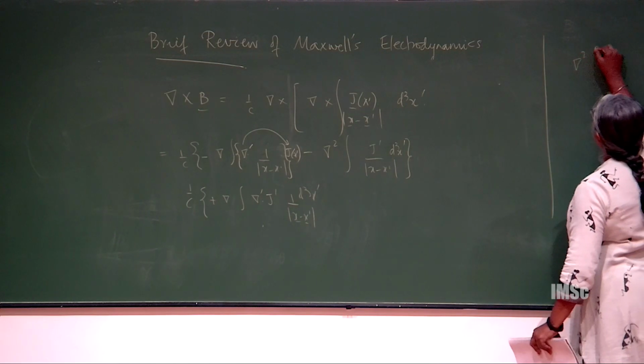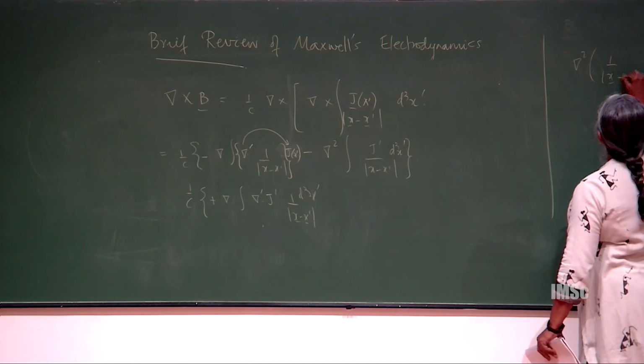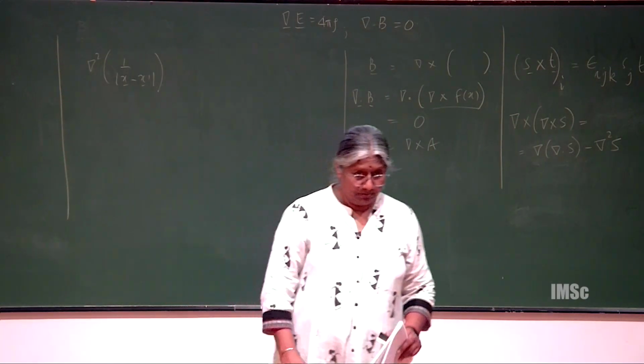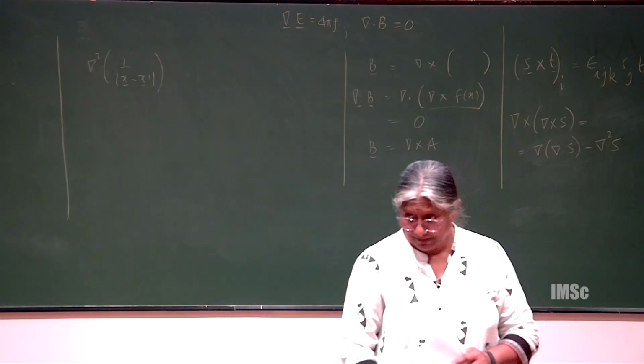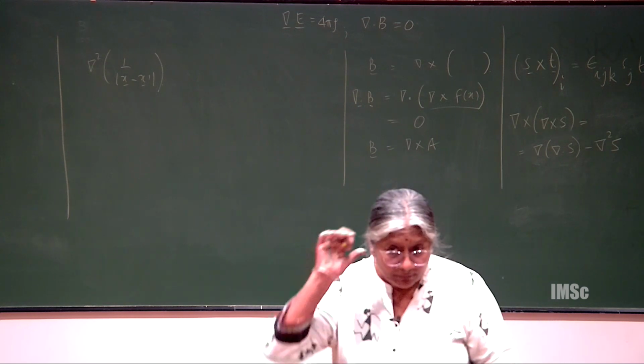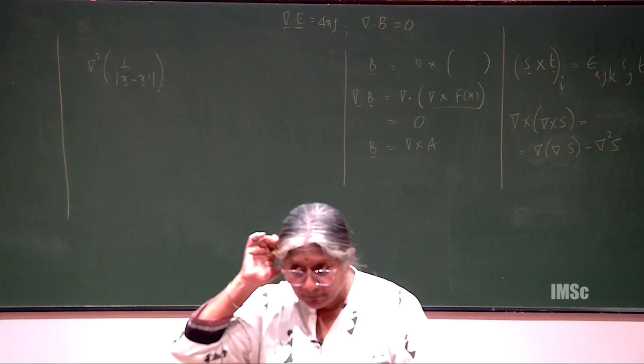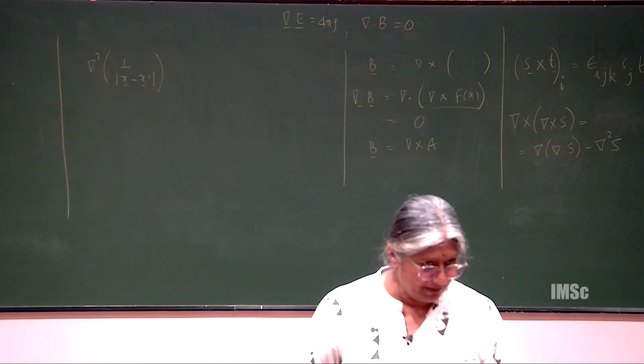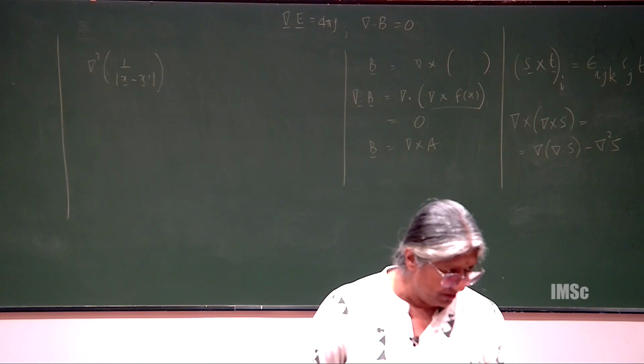What is del squared of 1 by mod of x minus x prime? Has anyone seen this before? Yes, it is the Dirac delta function, right? No one has seen this before. How did you do this calculation in the class?